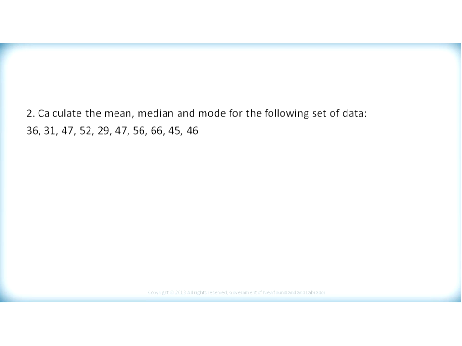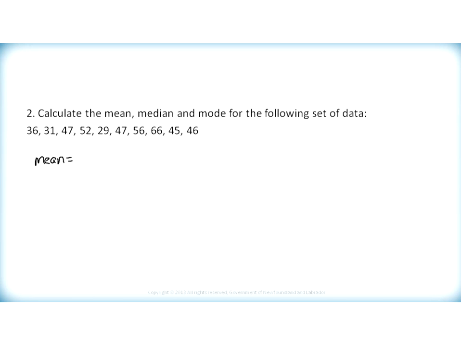Okay, in this example, we're going to calculate the mean, median, and mode for the following set of data. I'm going to start by doing the mean. So recall that the mean is the sum of all of our data divided by the number of data points.